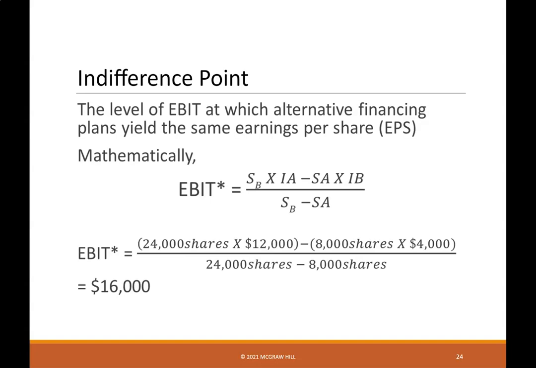Mathematically, it's 24,000 shares times 12,000 minus 8,000 shares times 4,000, divided by 24,000 shares minus 8,000 shares. So in the question that we just looked at, the indifference point is 16,000.